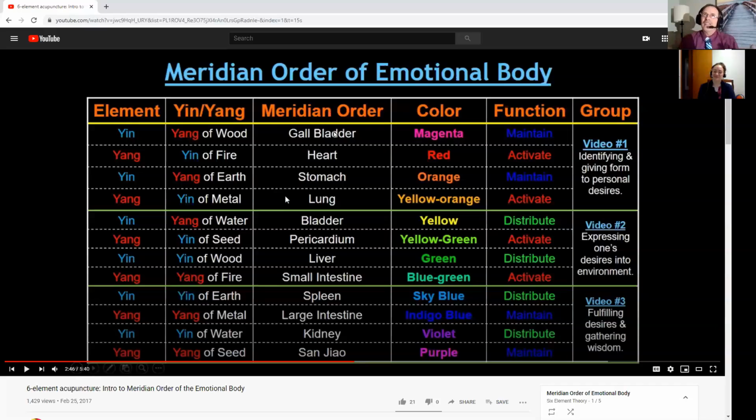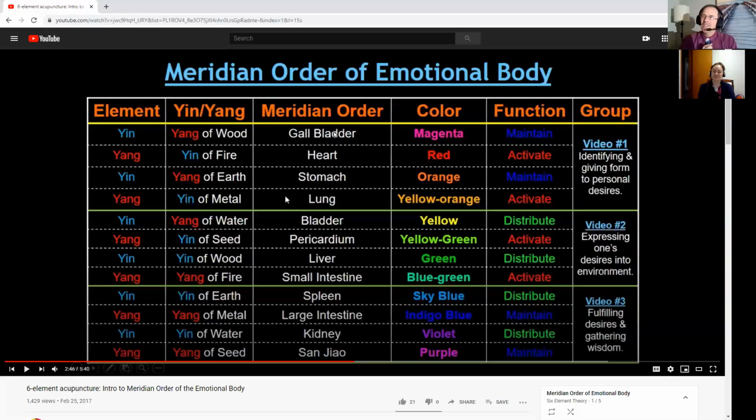So if we find somebody who is unable to express a philosophy of their life, they have a problem with the liver. If we have a person who's unable to grow, maybe it's like a woman in a house, and she has her family, she's taking care of her family, and she's doing everything for them.